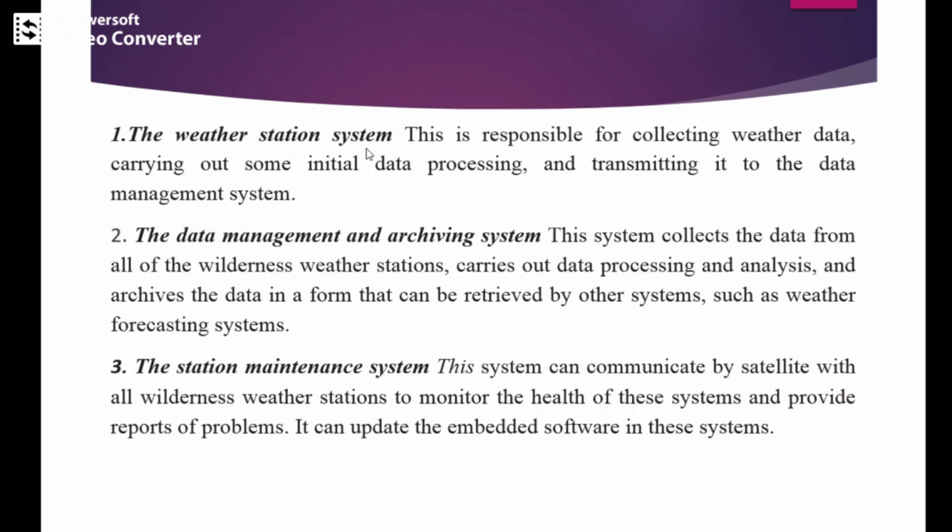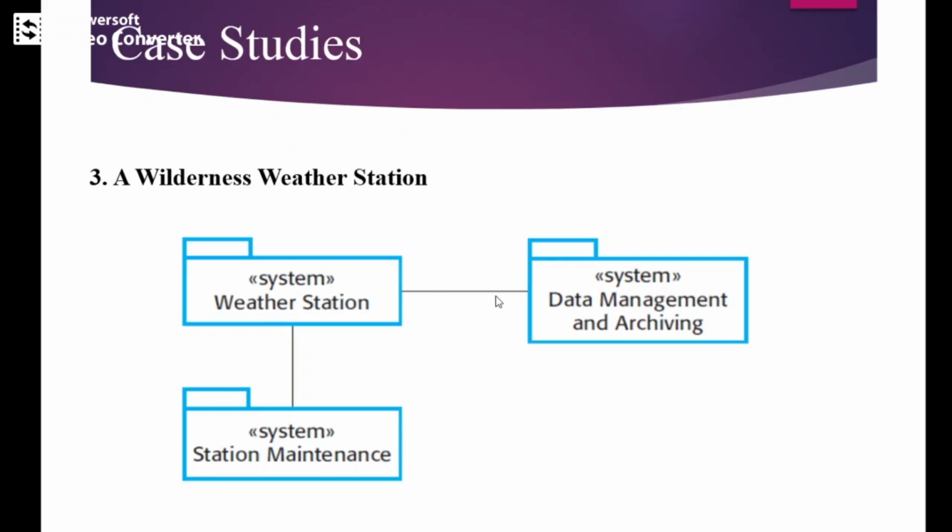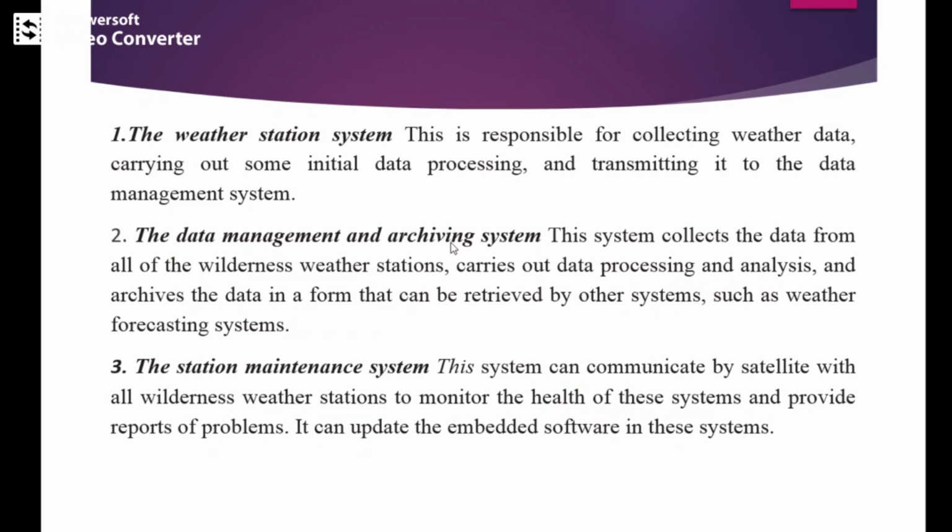The weather station system is responsible for collecting the weather data and also carrying out some initial data processing, and transmitting it to the data management system. So that data should be sent to the data management system. So what does the data management and archiving system do?